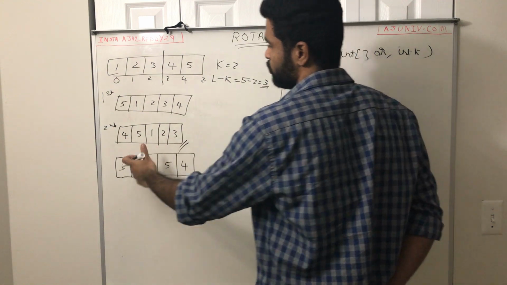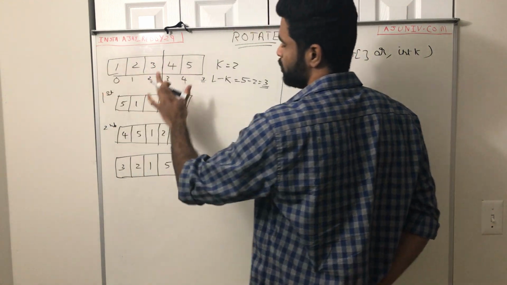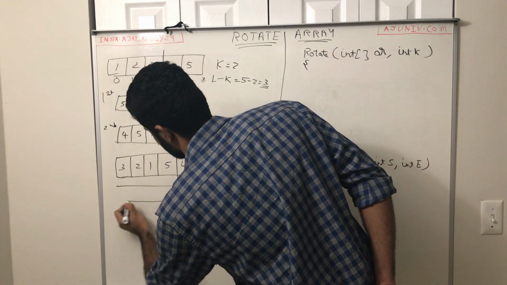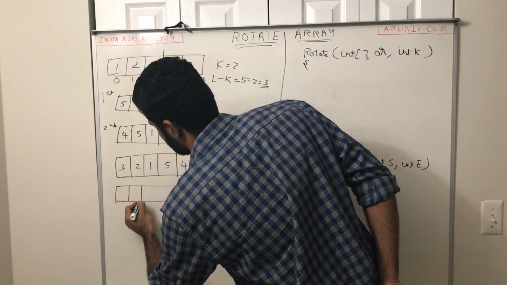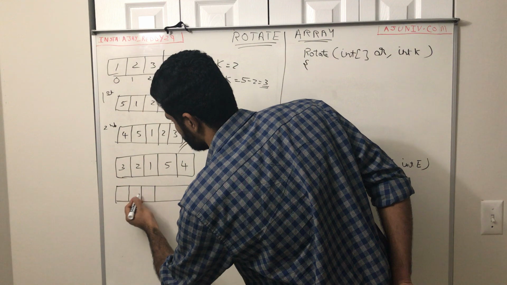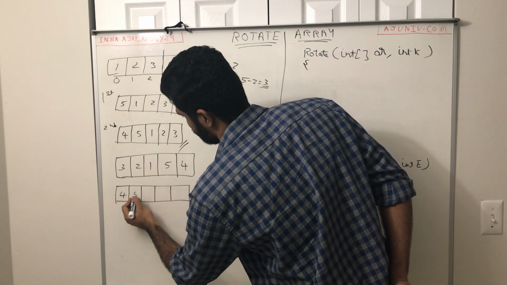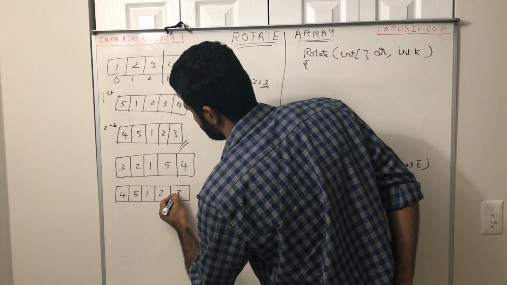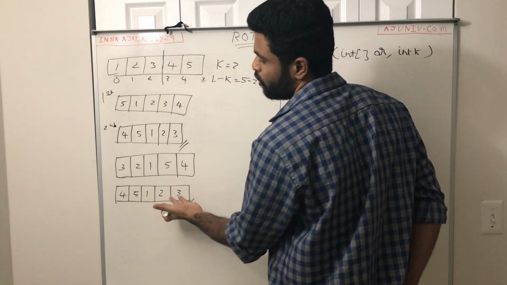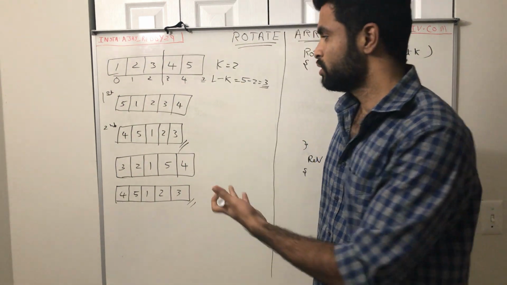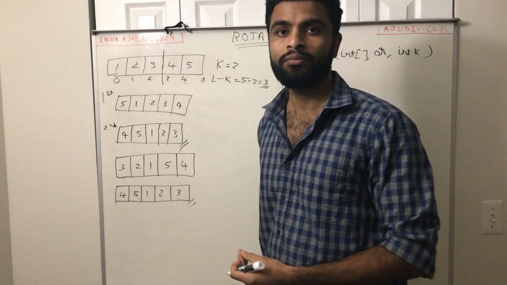Once you reverse these 2 subarrays, you have to reverse the complete array now. So let me do that. That would be 4, 5, 1, 2, 3. If you see, we got the output. So this is the way we can solve this problem.